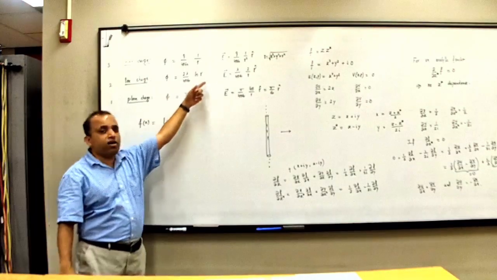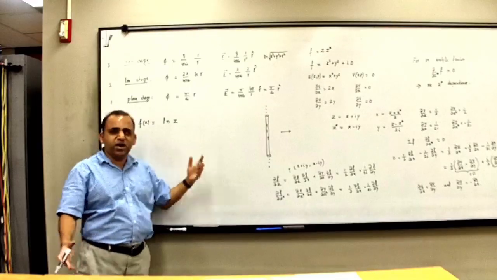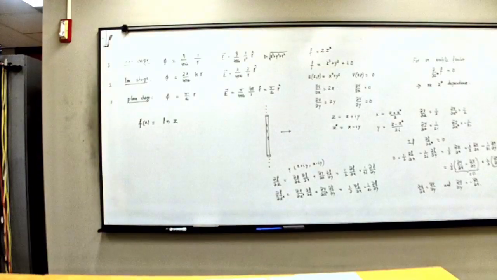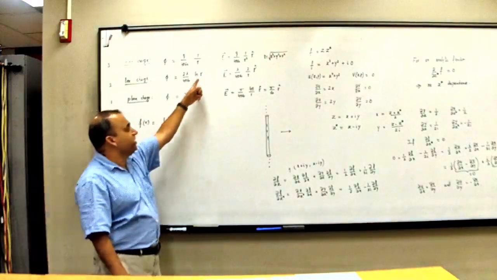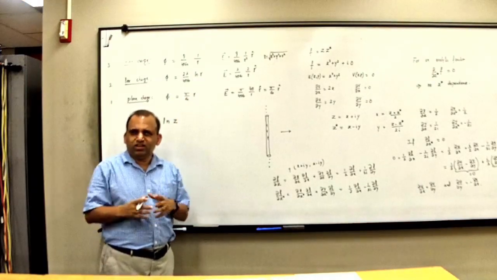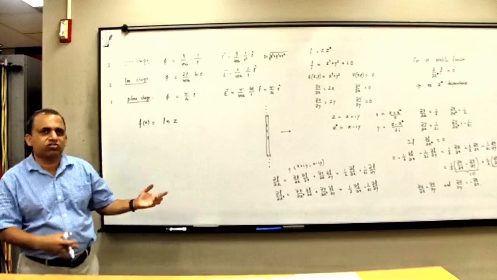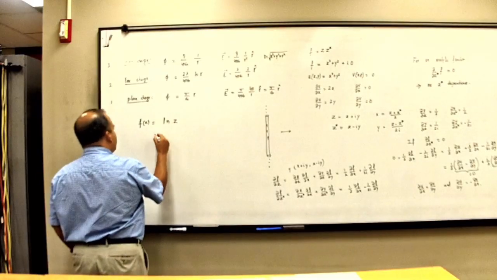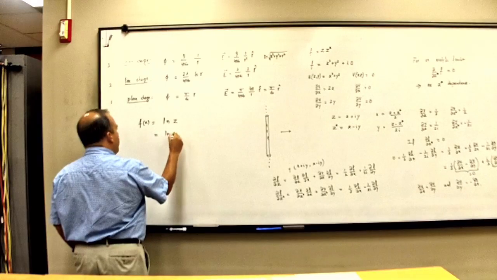So here there is r, and instead of r I just made it z. It is not the same, because r is a distance, z is not a distance. Z is really more like a vector than a distance. It has x plus iy in it. So this is log of x plus iy.